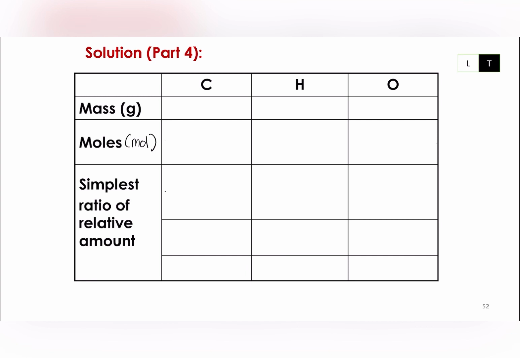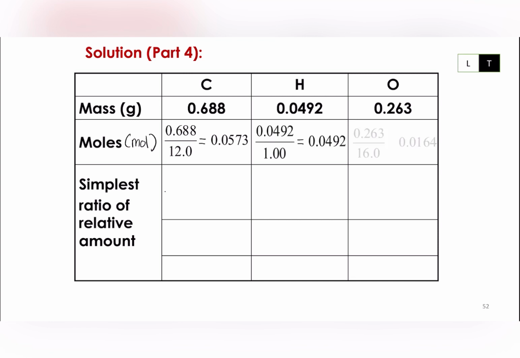So we are going to put all those values that we got for the mass and calculate the number of moles for each of them. So you got for carbon, you got for hydrogen, and you got for oxygen. Please be careful here. We are calculating the moles for one hydrogen. So that's why the molar mass is 1.00.